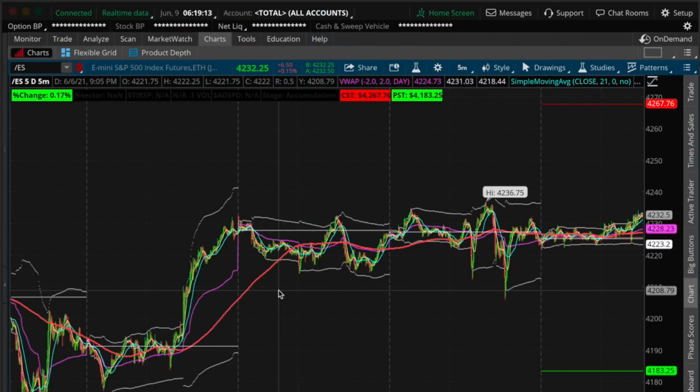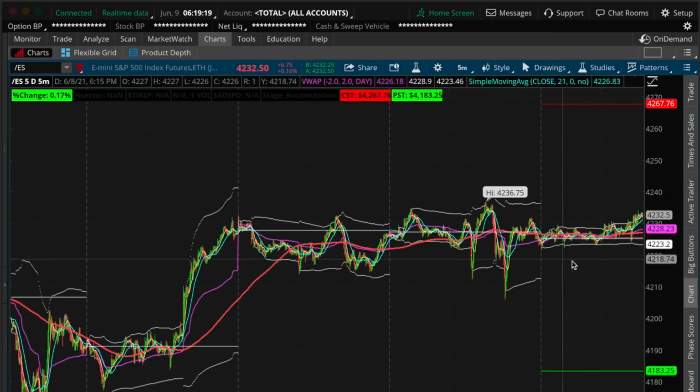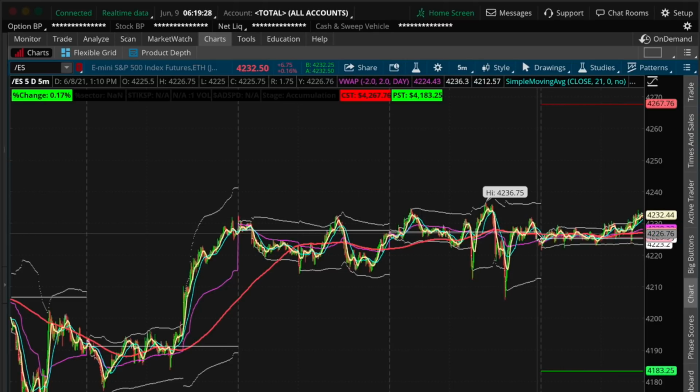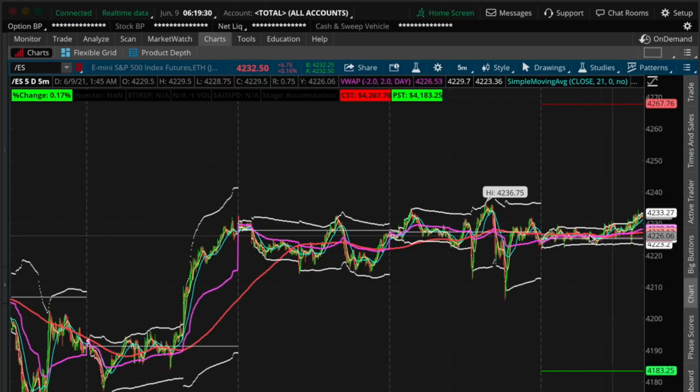Good morning, everyone. It is Wednesday, June 9th, and it is 6:20 Pacific Standard Time. When I'm first looking at the market, the first thing I'm looking at is the S&P futures. This is just the futures on a 15-minute chart.